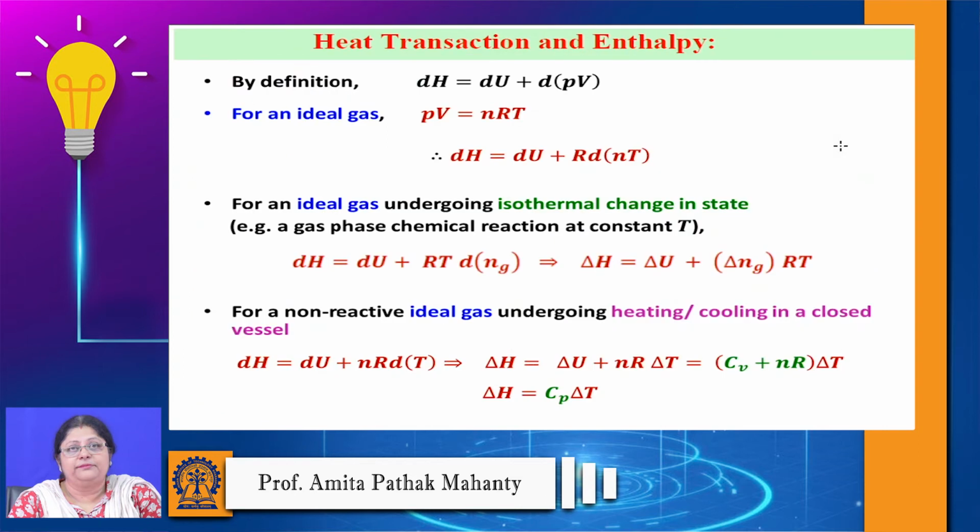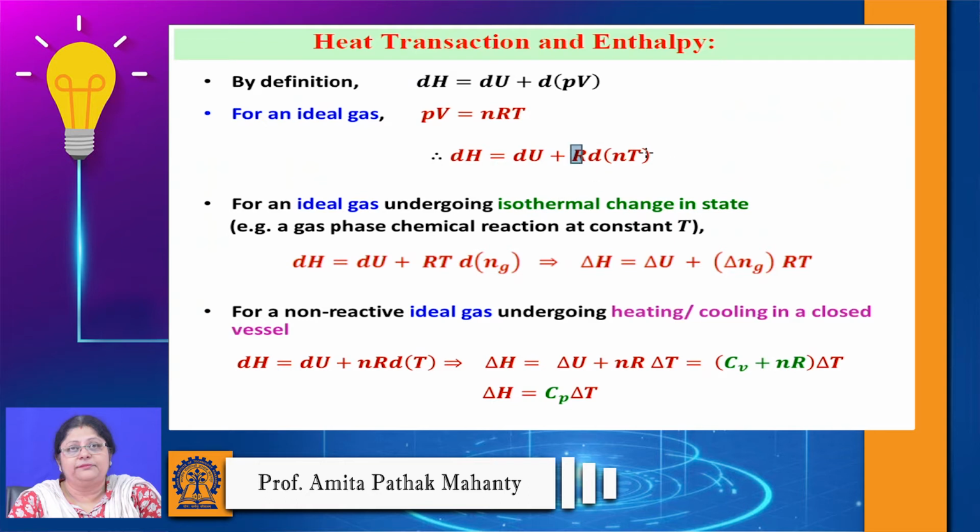So when we are talking about the enthalpy change for an ideal gas, we know this is the expression for enthalpy, and for an ideal gas, what is PV? PV equals nRT. So you substitute nRT here, and R is a constant.